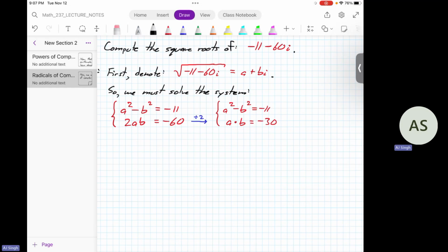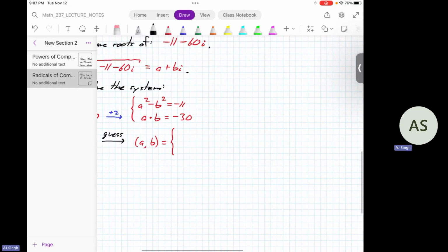And so we can guess. Okay, let's see. Now, I need two numbers that multiply to negative 30. And in this fashion, a squared minus b squared gives me negative 11. Well, two numbers that multiply to negative 30: 1 and negative 30.